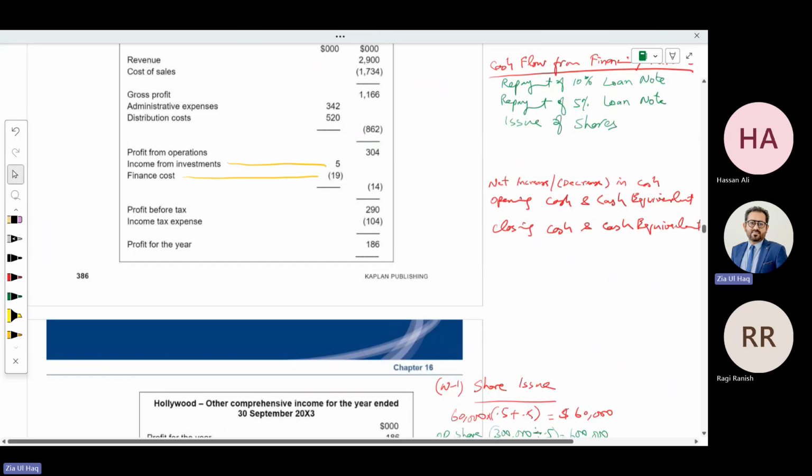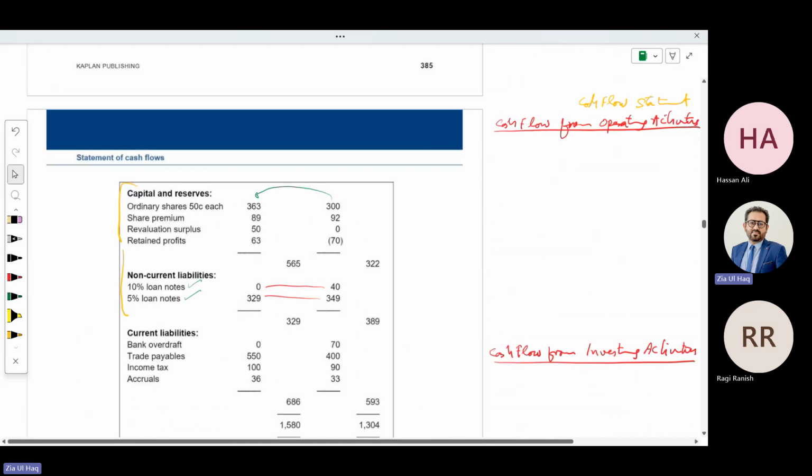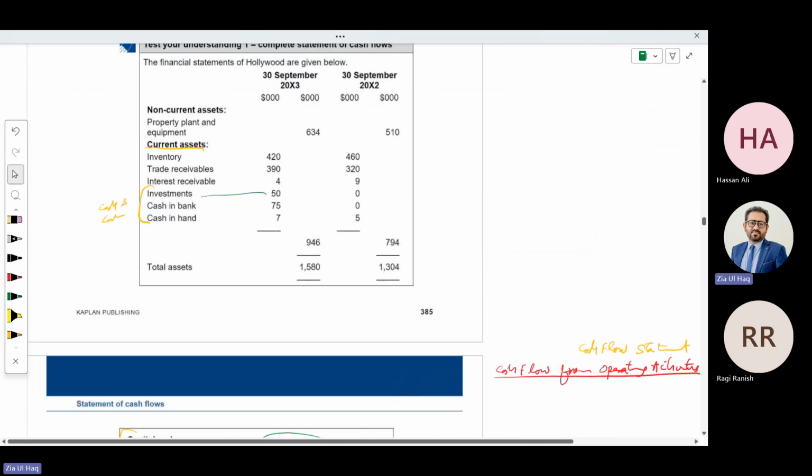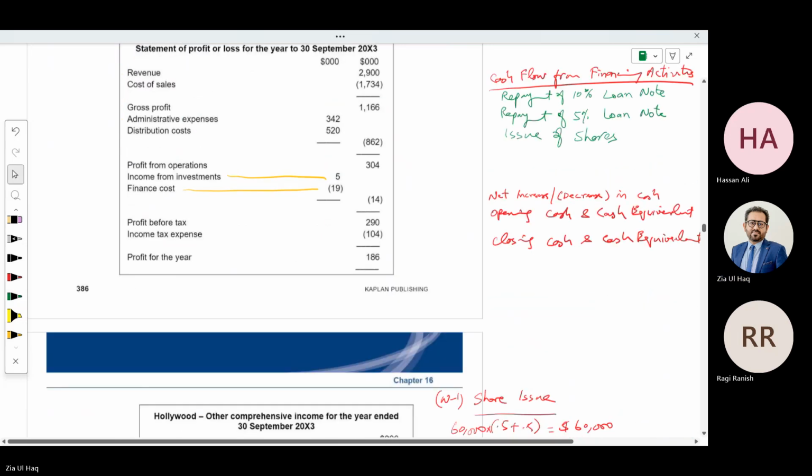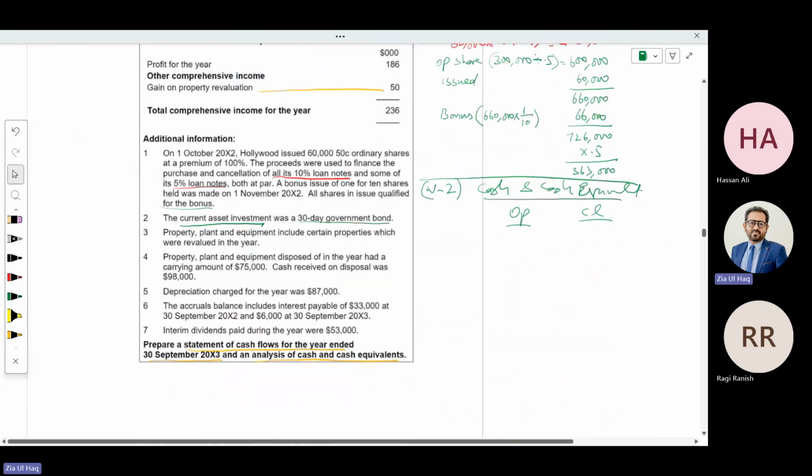What does it include? It includes cash in hand, cash at bank, investment. But there was some overdraft as well. So it comprises four things: cash, bank, investment, and bank overdraft.